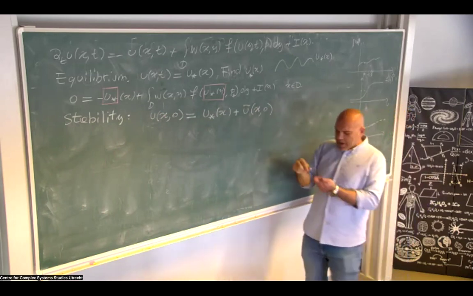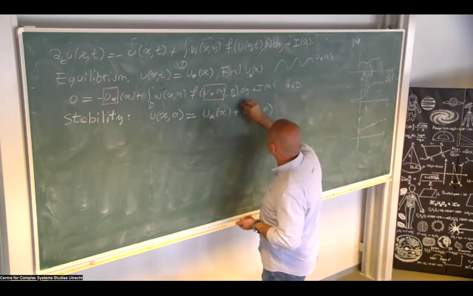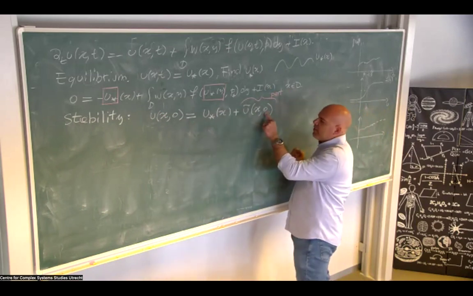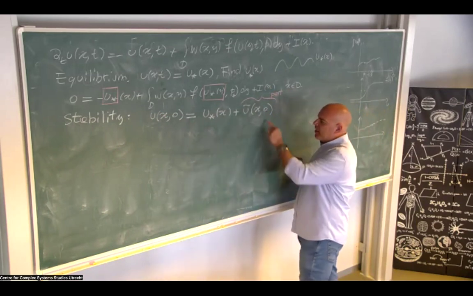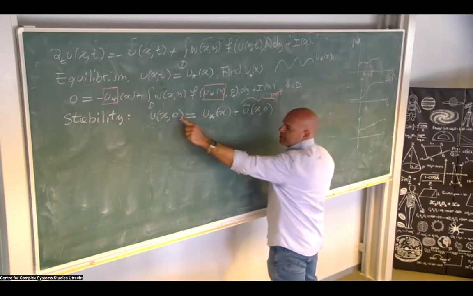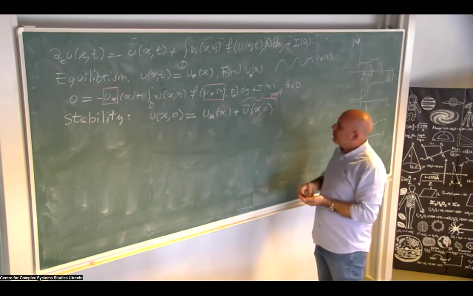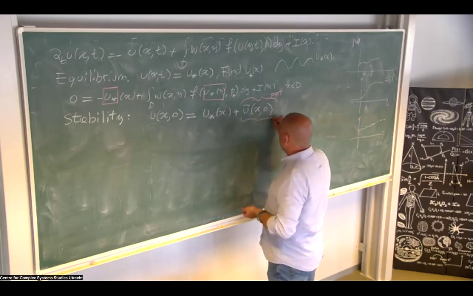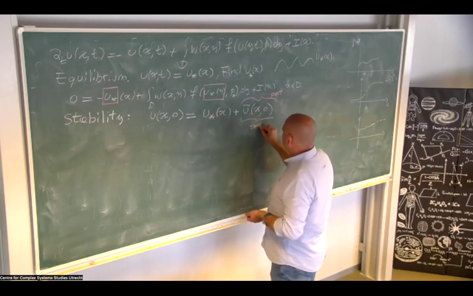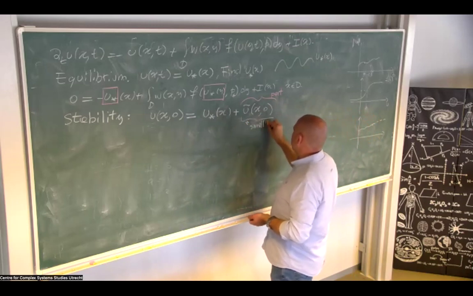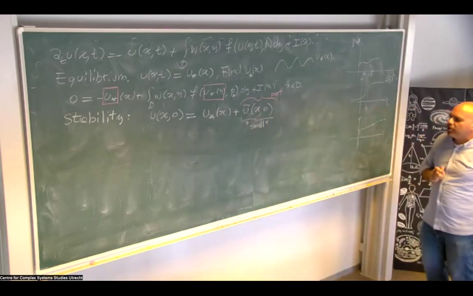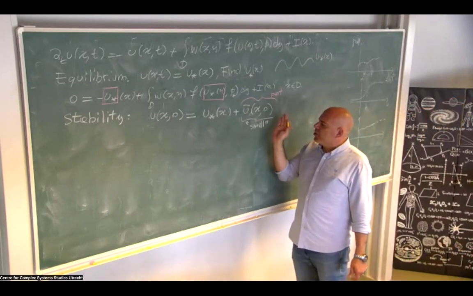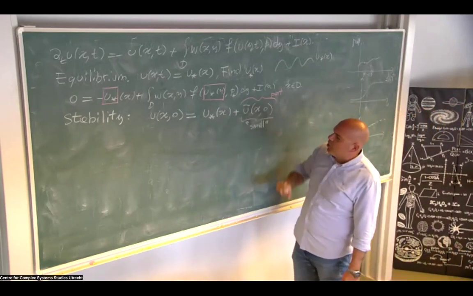So this is my perturbation, and all I'm doing here is enforcing the fact that I'm specifying a perturbation at time t equals 0. And the idea is that this can be small. To make sense of what small means, we would have to introduce some functional analytical concept, which I'm not prepared to do, and it's also a distraction. Think that these terms are small.